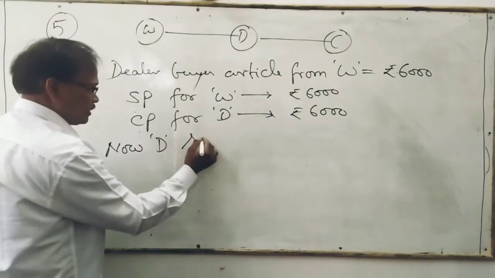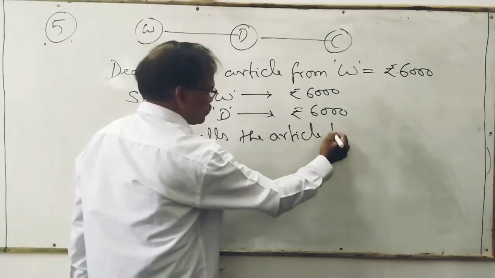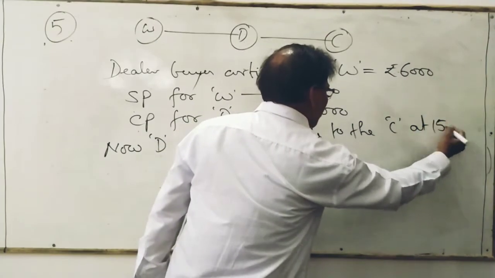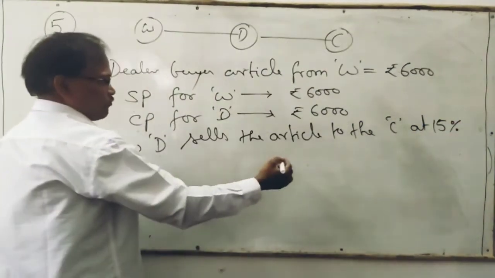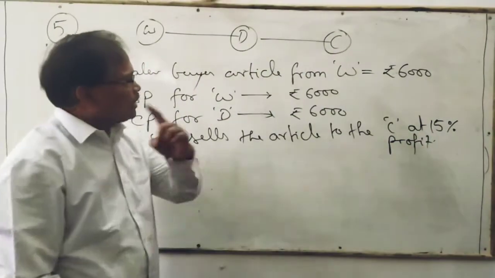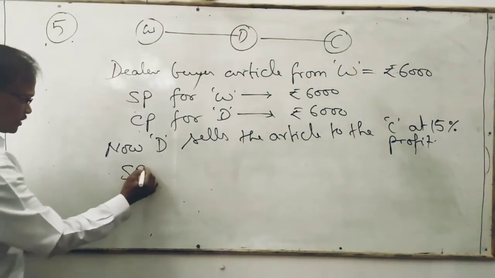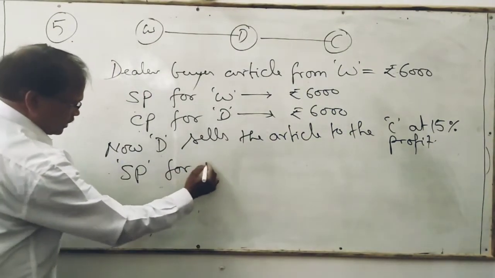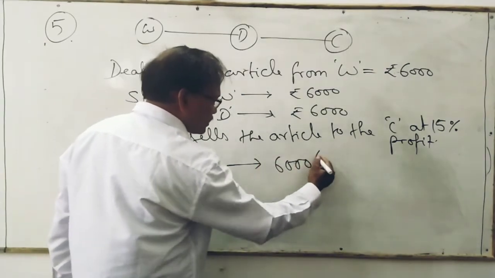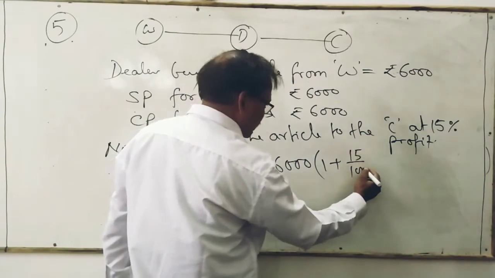So, what is the selling price of dealer to the consumer? Selling price for dealer is equal to cost price times 1 plus profit upon 100, 15 upon 100.